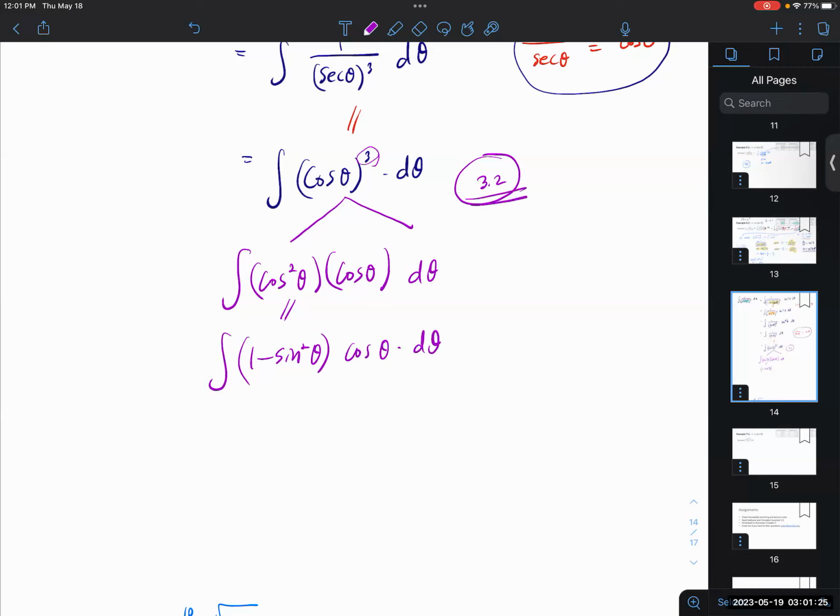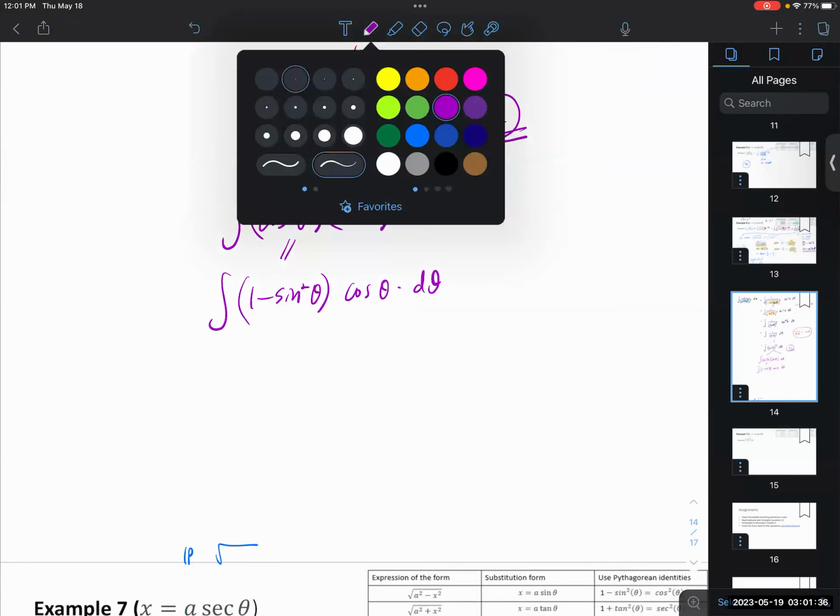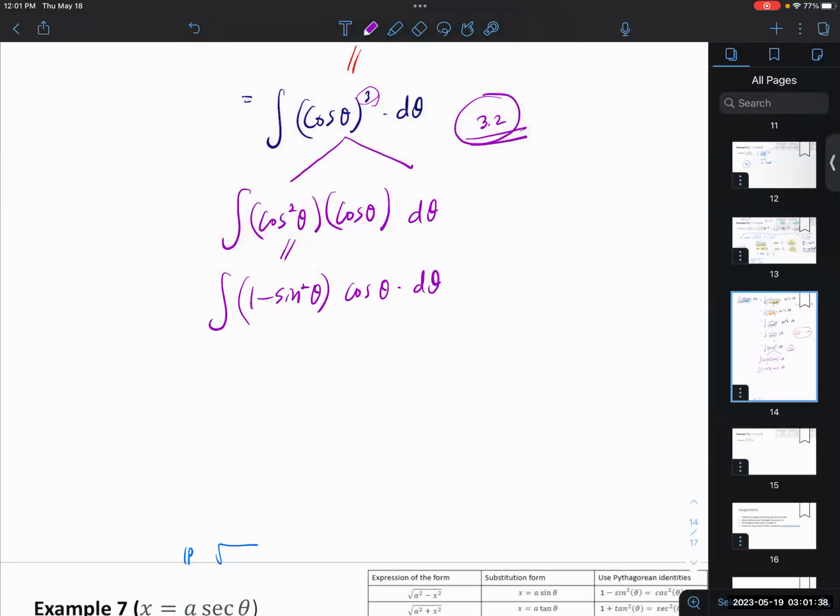In 3.2 we learned that if you have cosine multiplied by a sine or cosine power, you're going to break them so that one has an even power. So now we're going to use what? Substitution. u equals sine, because the sine has been substituted into the quadratic. So du over d theta is cosine theta. du will be cosine theta d theta. So we're almost done.